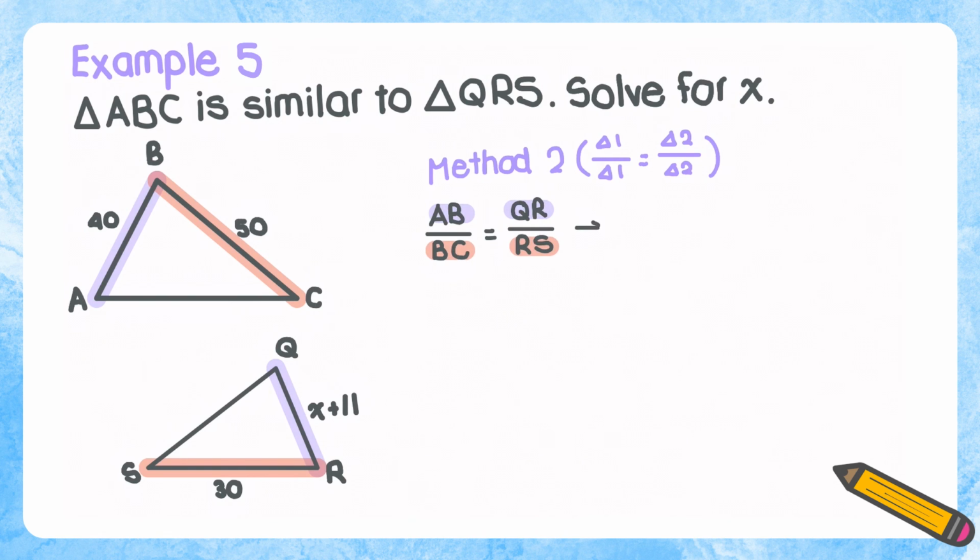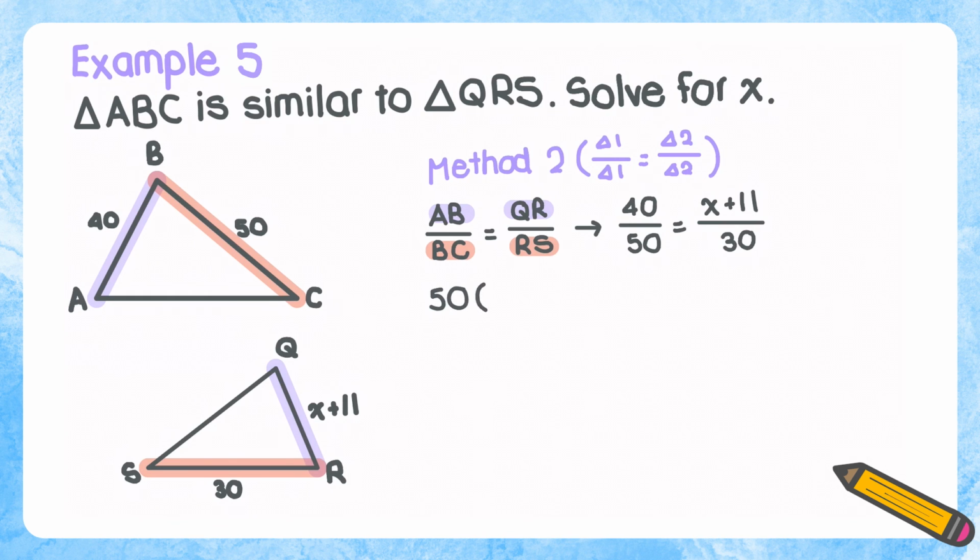And let's rewrite this with the given side lengths. Side AB has a length of 40, side BC has a length of 50, equals x plus 11 over 30. I'm going to cross multiply to help us solve for x.